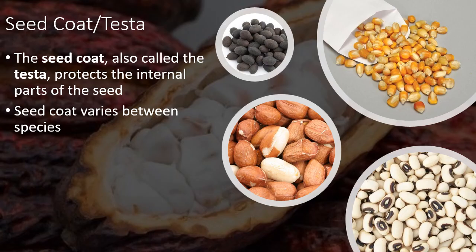These black-eyed peas in the bottom right corner are a species of bean, and they have a very, very hard seed coat. But the closely related peanuts, you'll see that they have this thin, papery seed coat.